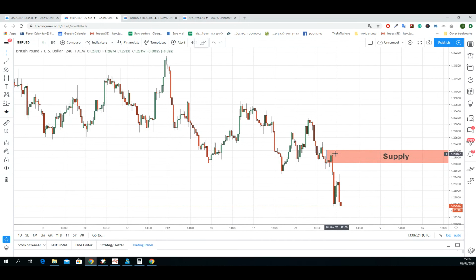We can see how the price dropped from that level, a very fast and strong movement down. And since then, the price still didn't touch this level, and I believe there are many unfilled orders waiting for the price at this level. So I'll definitely consider selling the GBPUSD if the price reaches that supply above.